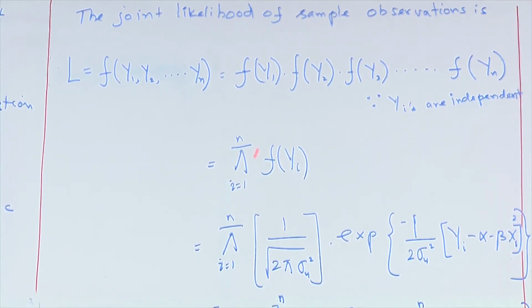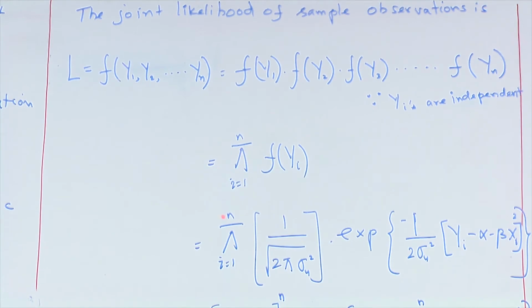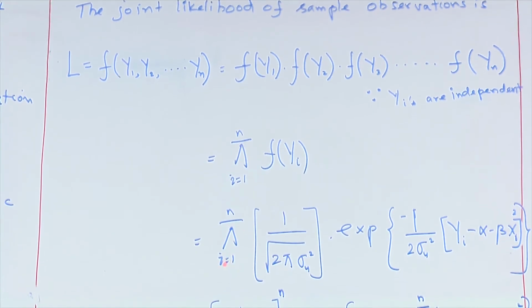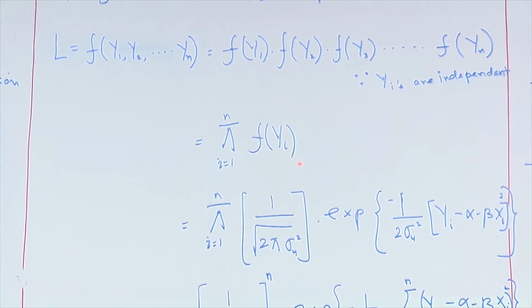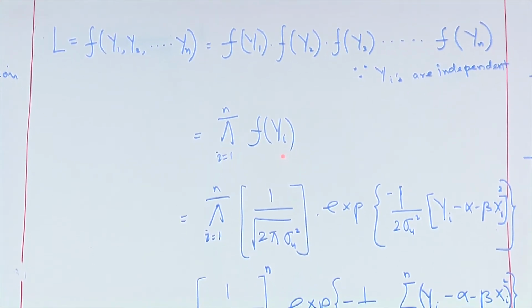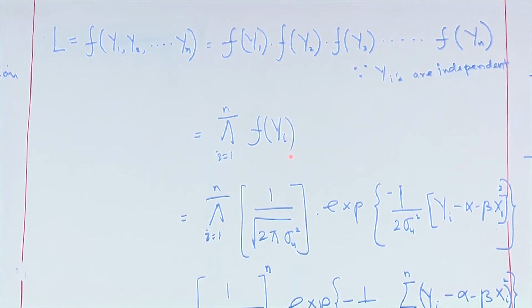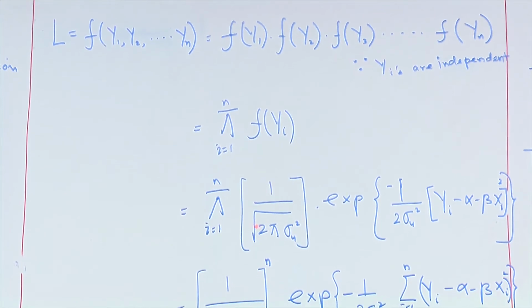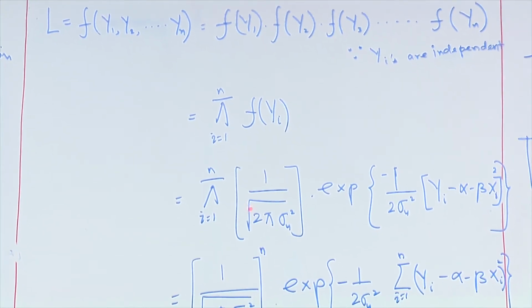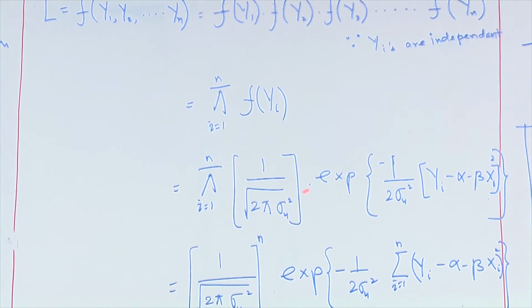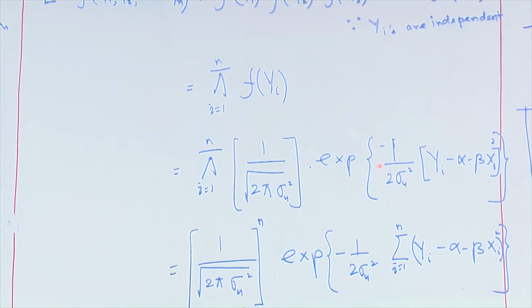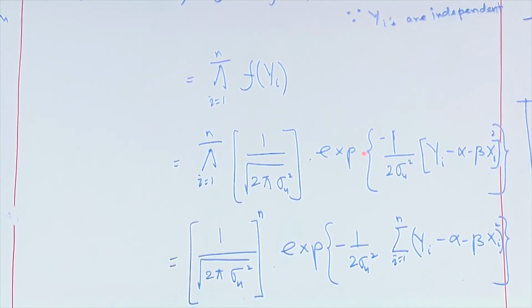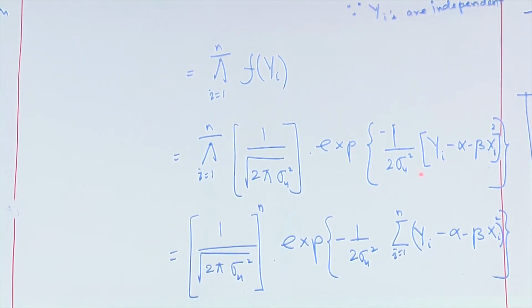This pi is the multiplication symbol. Pi i varies from 1 to n, we may substitute the likelihood function of each observation, that is written as 1 by square root of 2 pi sigma u square exponential minus 1 by 2 sigma u square (yi minus alpha minus beta xi) whole square.